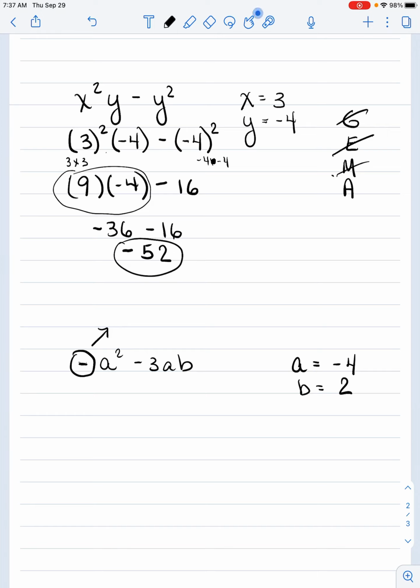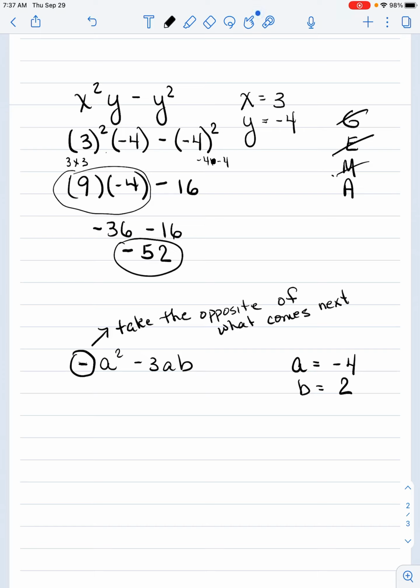It could also mean that you are taking the opposite of what comes after it, right? So if you have negative 8, that means take the opposite of 8, which is negative 8. So this you can think of as take the opposite of what comes next.